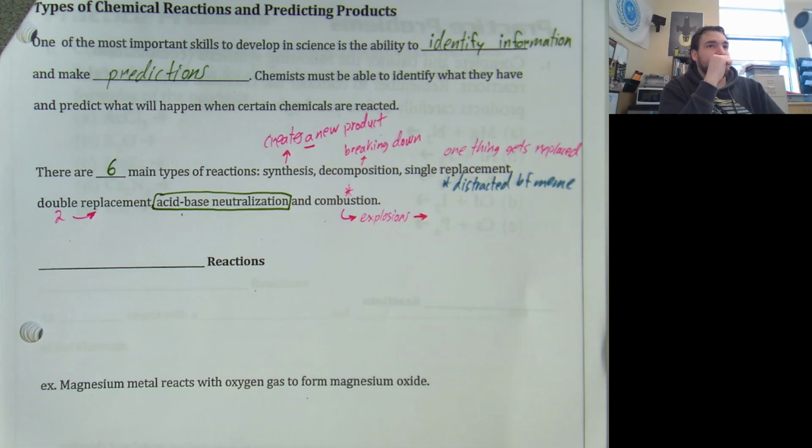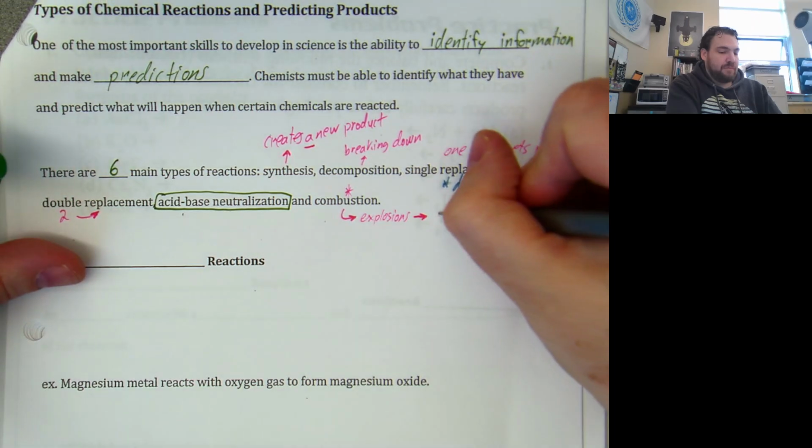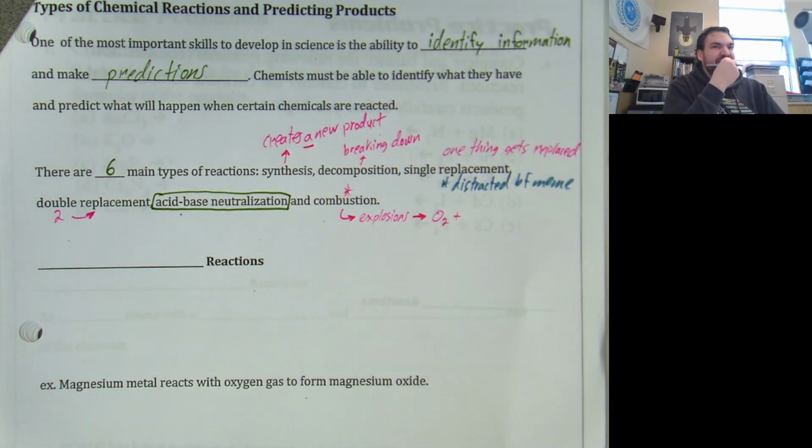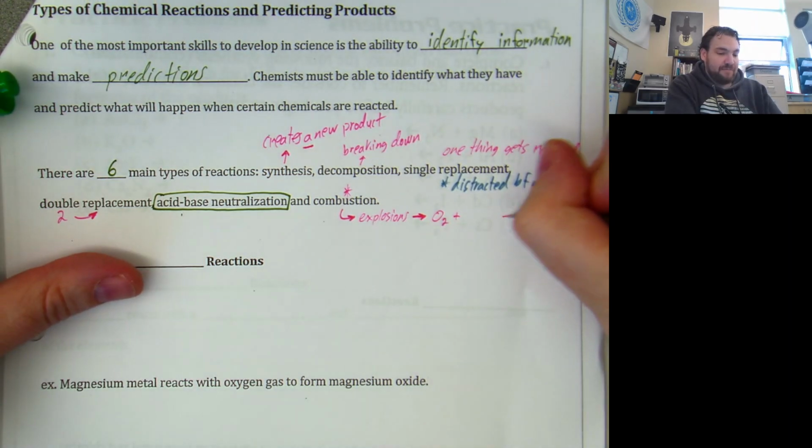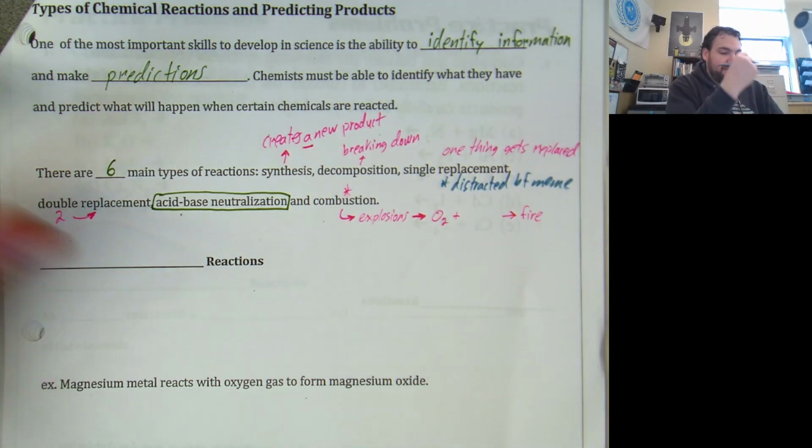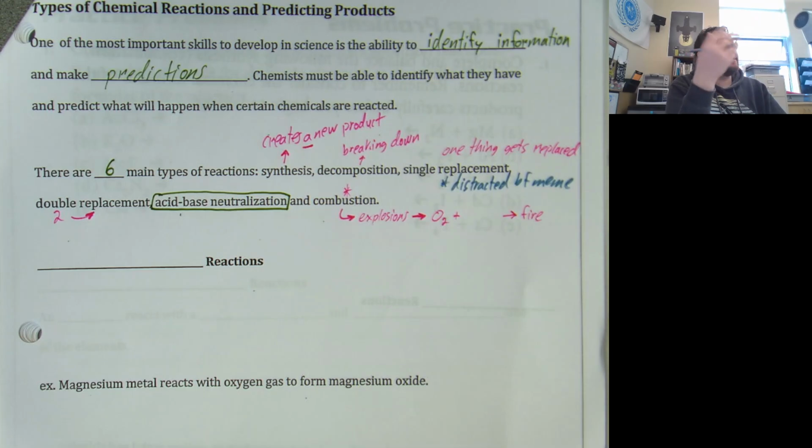Not everything that explodes is a combustion. Where do combustions happen? So it's oxygen plus what other kinds of things? It's going to make fire. But again, not all burning is a combustion either.